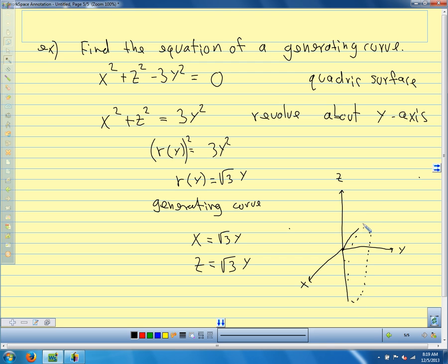We get the same line in the xz plane. My drawing isn't great here, so let me redo it a little bit. So we get a cone.